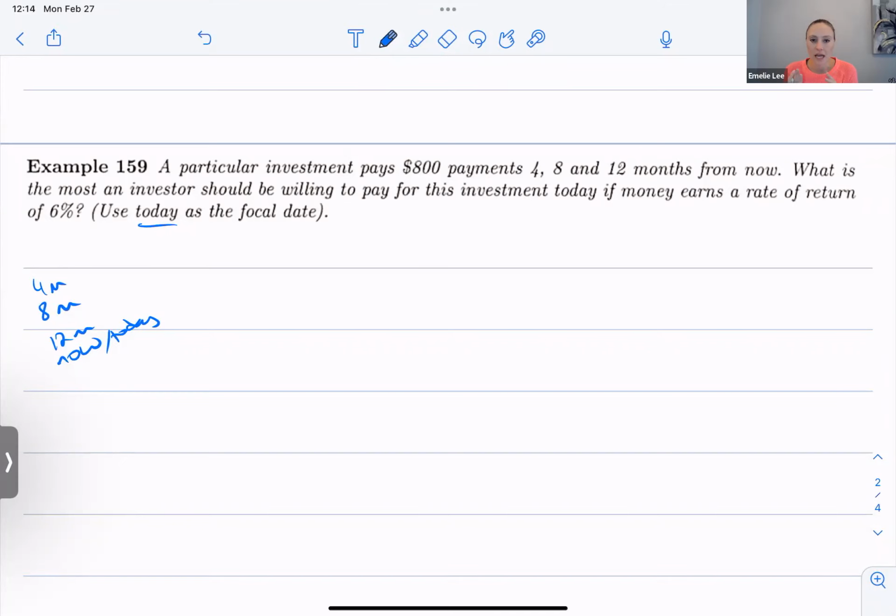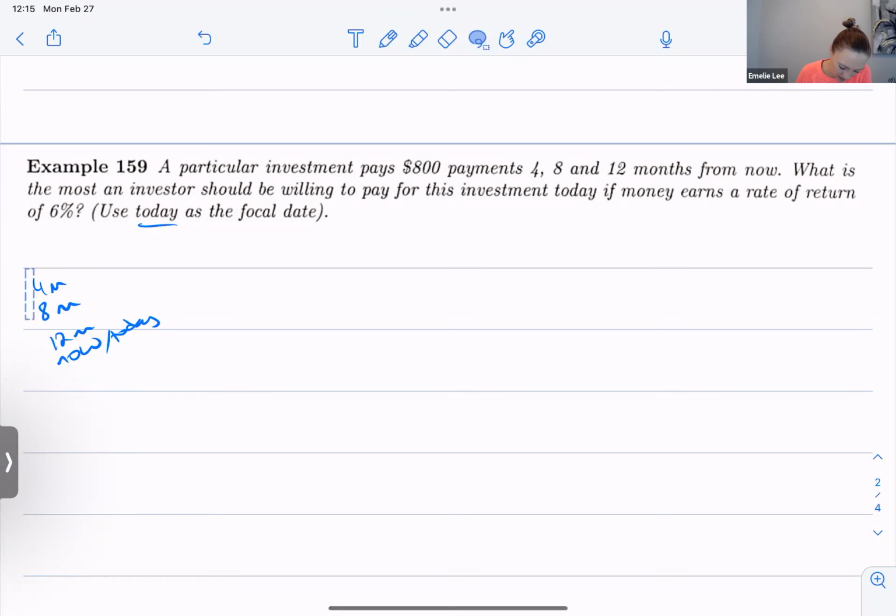Okay. And on that timeline, I usually divide it up equally, right? And I just make sure that I have spots to put all the dates that are mentioned in the question. Okay. So I usually do something like this. And then now I know, okay, 1, 2, 3, 4 ticks on my timeline. Okay.